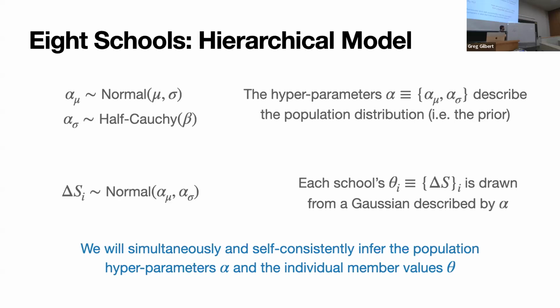Okay. And so we've assumed that our population is a normal distribution. We can take any functional form we like, and in practice, it's probably a good idea to try lots of different functional forms and make sure you get qualitatively the same answer. But a normal distribution is a good default. So we've got a normal distribution with alpha sub mu and alpha sub sigma. All right.